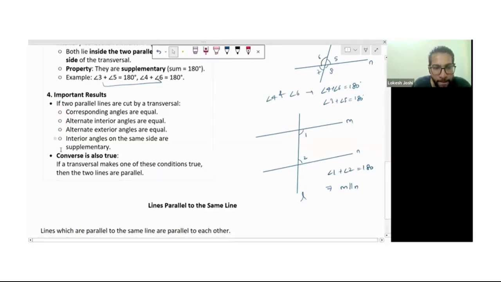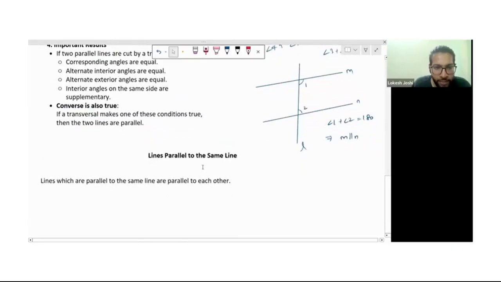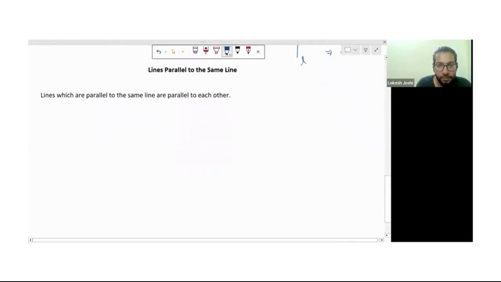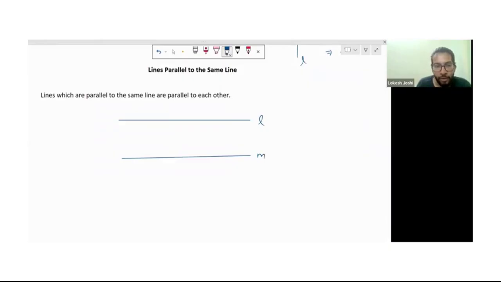Now the last part of this video, it's written there, lines parallel to the same line, which means suppose this is the line and it's L, and another line which is M. Suppose we have one more line, this one.